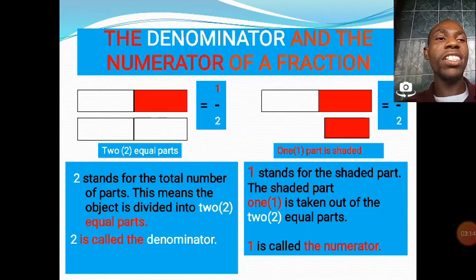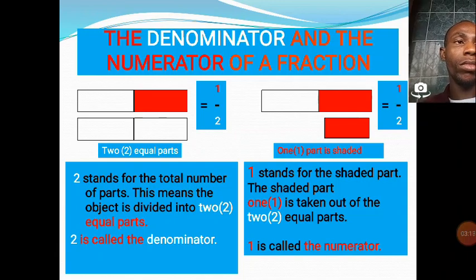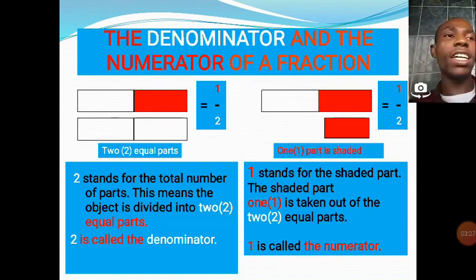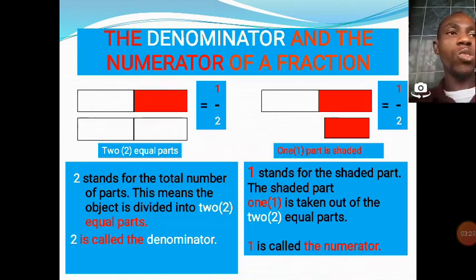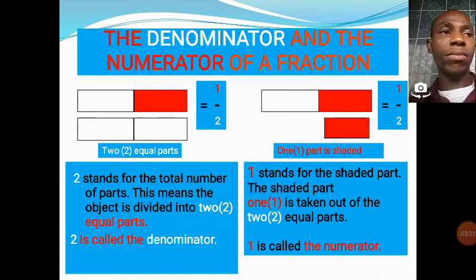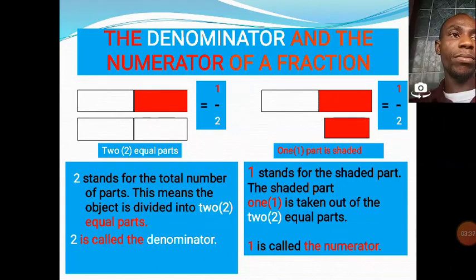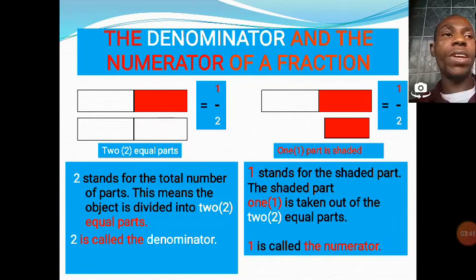Good. Now let's look at the numerator of a fraction. On our right, the object stands the same. It has been divided into 2 equal parts. 1 part out of the 2 parts is shaded, and it is shaded or coded red.